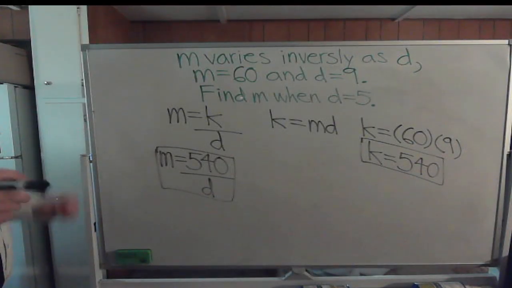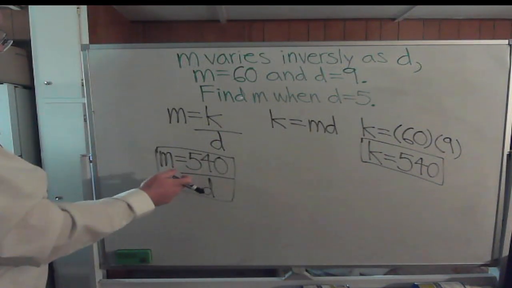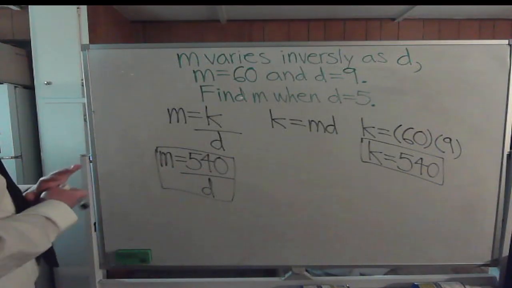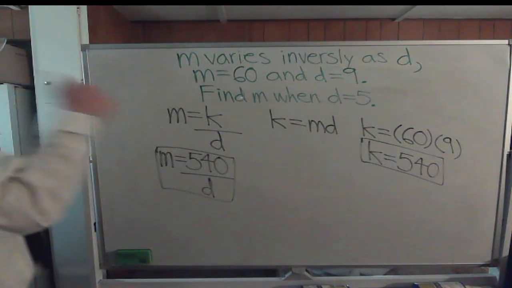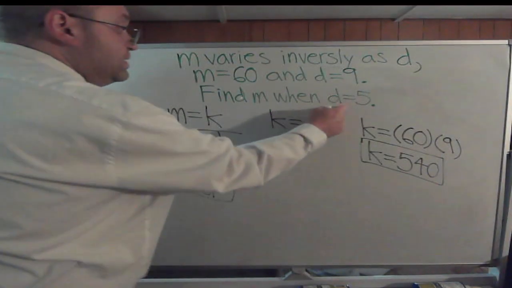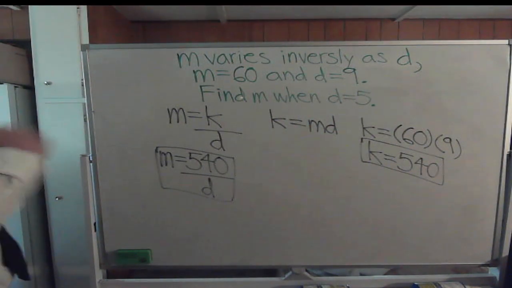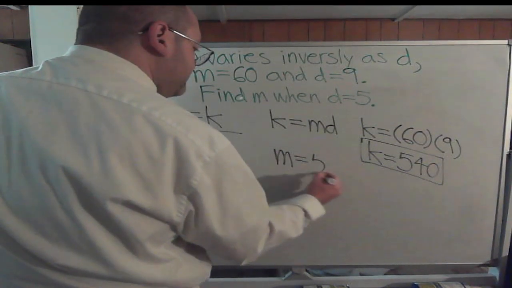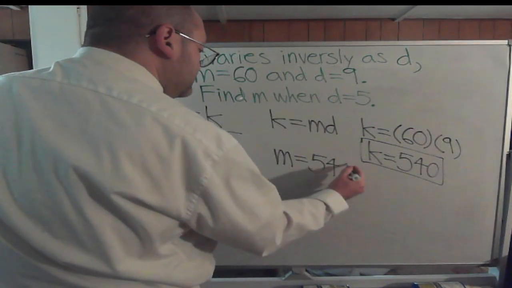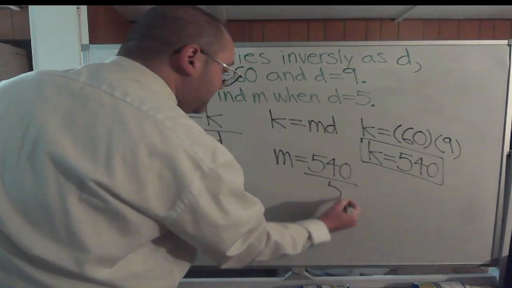Now that we have identified the constant of variation and found the new equation of inverse variation, the last thing to do is figure out the last sentence: find M when D equals 5. Well, we don't know what M is. That's what we're trying to find out. So you set M equal to 540 divided by the assigned value of D, which was 5.